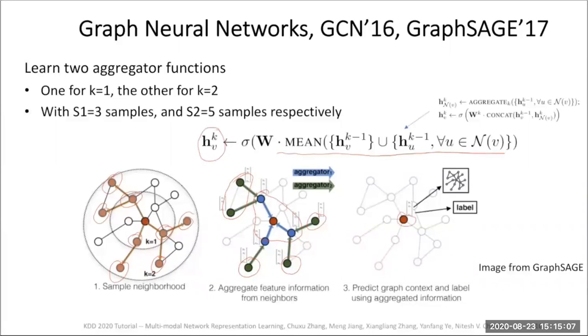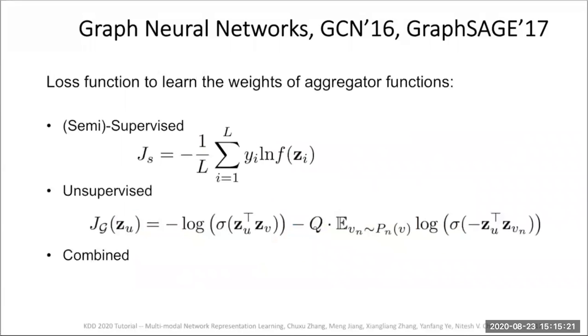And then the embedding vector can be used for different purposes. In order to learn the weights in the aggregation function, we can define different types of loss functions. We can use the semi-supervised or supervised loss function here by making the prediction correctly based on the embedding vector. We can also do the prediction about the context. And the idea is similar to what we used in the DeepWalk model.